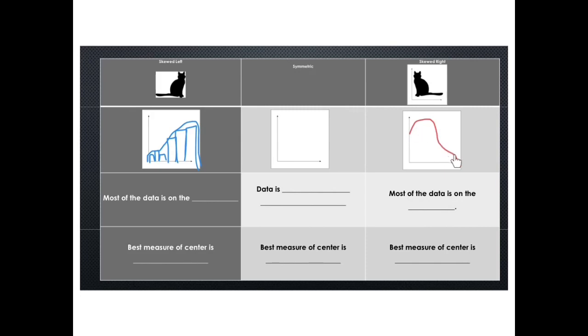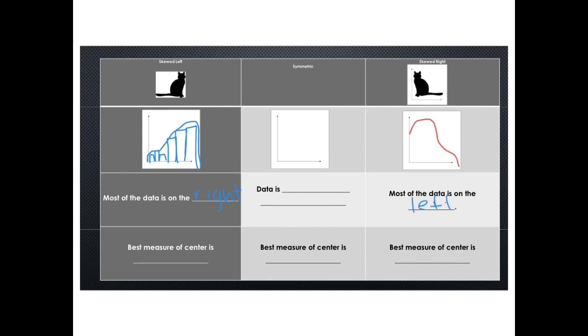So the tail of the cat indicates what kind of skewness we have, and the tail tells us there's a small amount of data on that side. So just to reiterate, something that is left skewed has a small amount on the left, which means that most of the data is actually going to be on the right side. If something is skewed right, that means most of the data is actually going to be on the left side.